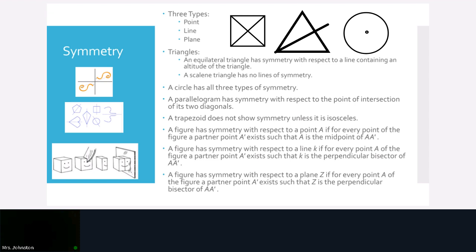A trapezoid does not show symmetry unless it is isosceles. So try to imagine a trapezoid. It has a base on the top that is parallel to a base on the bottom, but it may or may not be an isosceles trapezoid.